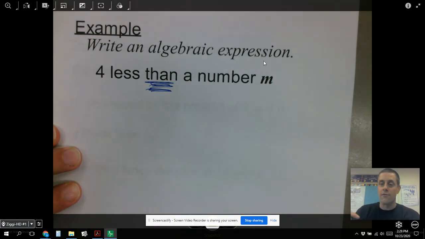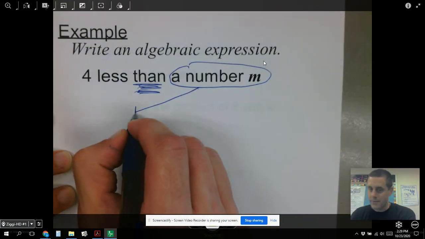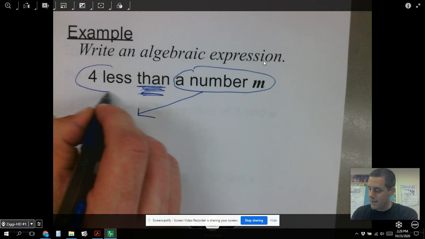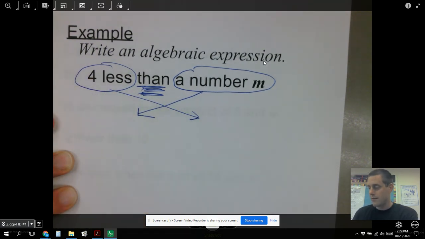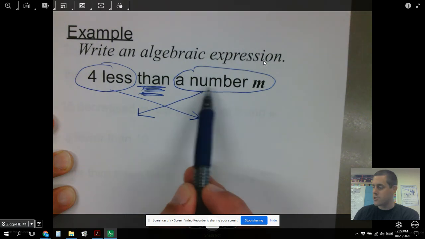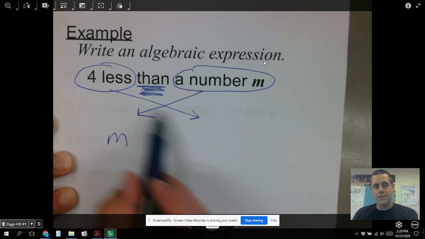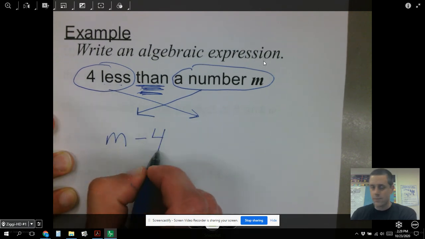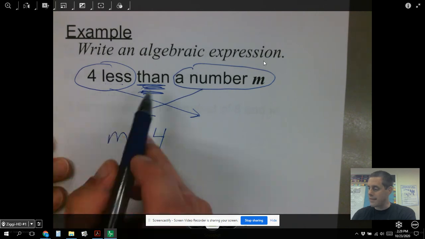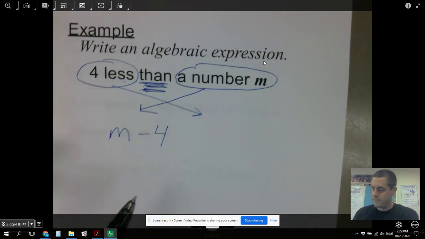It means you need to flip the end of your expression to the beginning, and the beginning of your expression, anything that occurred before the word than, to the end. So coming to the front of my expression, a number m, that's just the variable m, and 4 less going to the end. Less means to subtract, so we are subtracting 4. 4 less than a number m would be written as m minus 4.